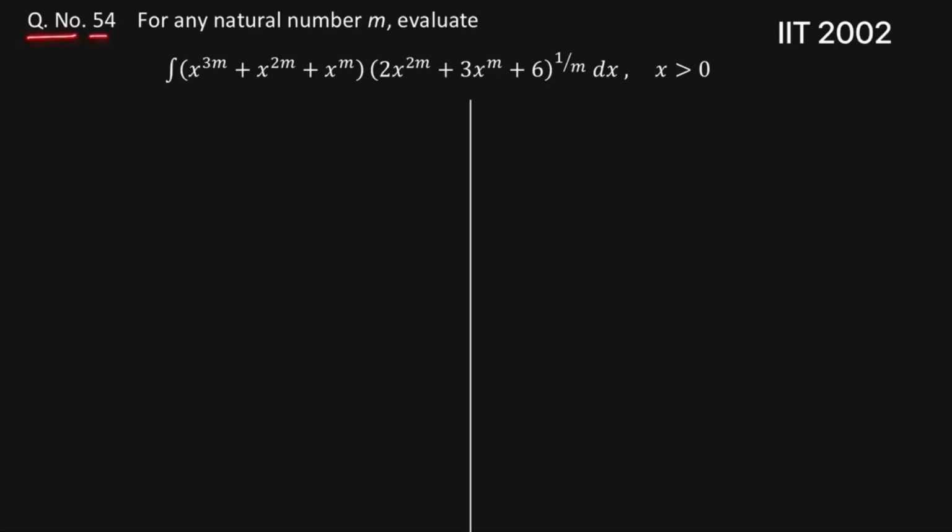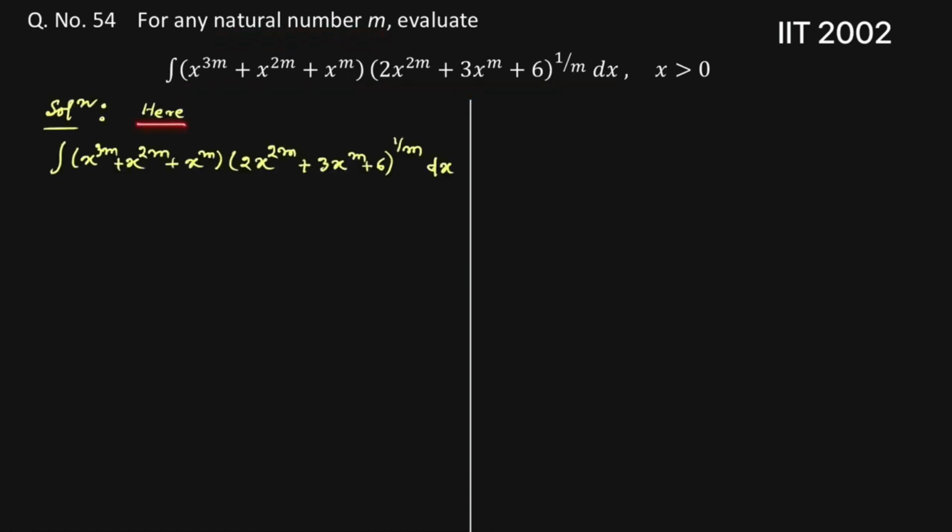Question number 54. For any natural number m, we have to find the integration of this. So here, for solving this integration, we have to divide this by x and multiply this with x.